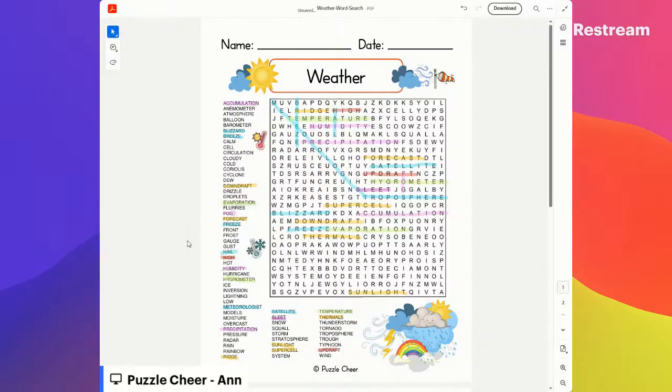Dino Game Hub says squall is 3 rows up from forecast on the right side. Awesome. Thank you. So here's forecast. 1, 2, 3, squall. S-Q-U-A-L-L, squall.